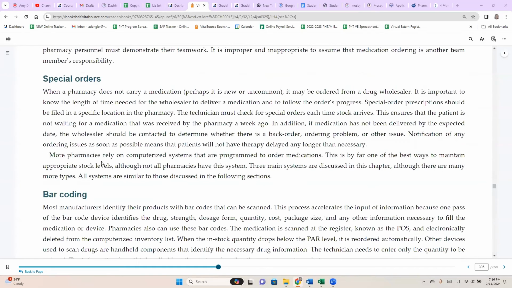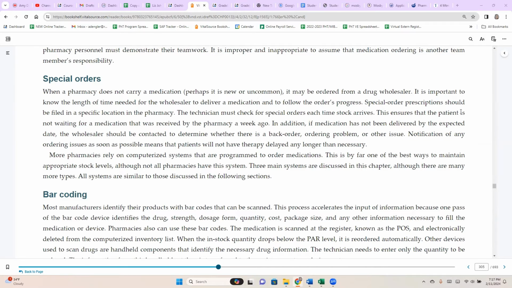When a pharmacy does not carry a medication, perhaps because it is new or uncommon, it may be ordered from a drug wholesaler. It's important to know the length of time needed for the wholesaler to deliver a medication and to follow the order's progress. Special order prescriptions should be filled in a specific location in the pharmacy. The technician must check for special orders each time the stock arrives.